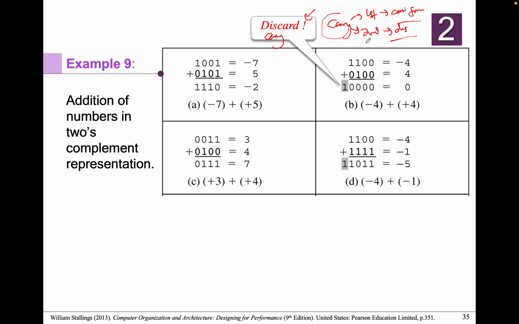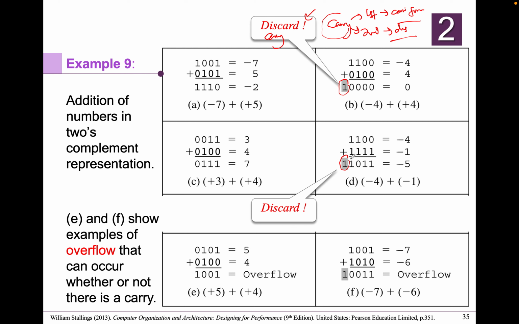So that is a different thing. That's why if you have a carry, you discharge it. So you can see also there is a possibility, as mentioned, if you add a positive number and a negative number, you're also going to have a possibility of overflow or an error.